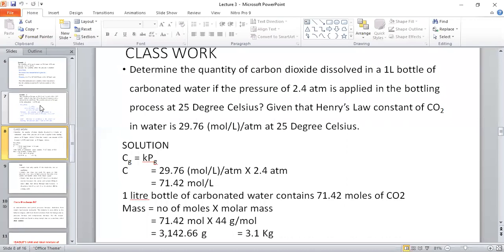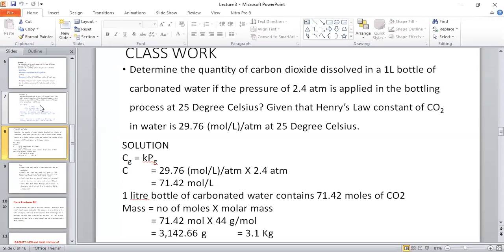You've calculated the number of moles of carbon dioxide as 71.42 moles in 1 liter. The molar mass of carbon dioxide is 44 grams per mole. So 1 mole of carbon dioxide has 44 grams. That is the molar mass.